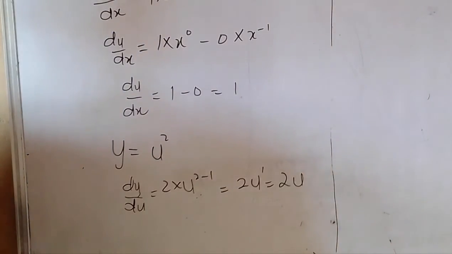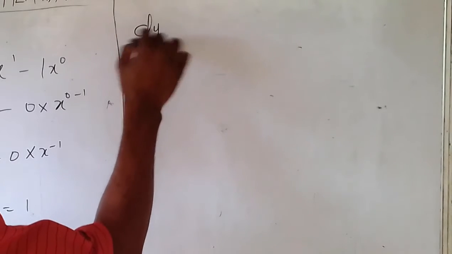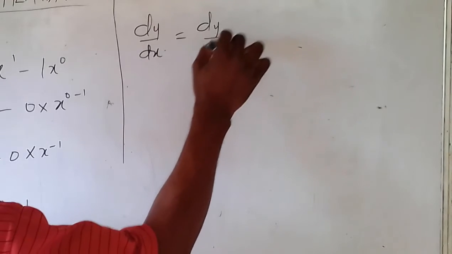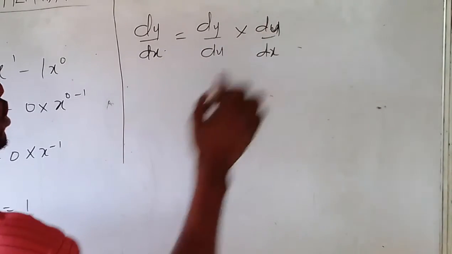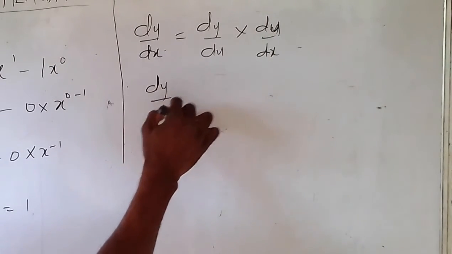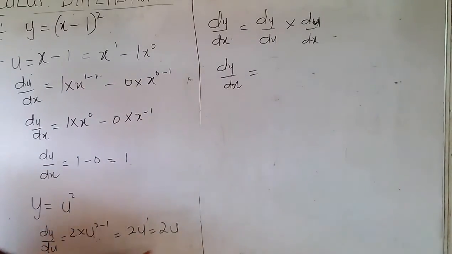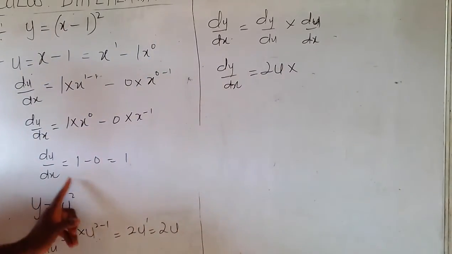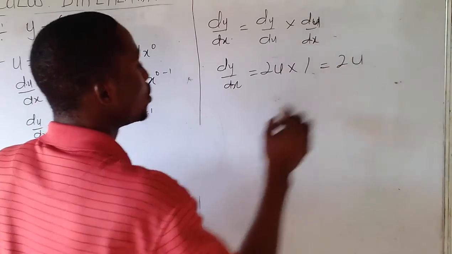Now from the formula, the formula for the function of a function or chain rule is dy/dx equals dy/du times du/dx. So dy/dx is equal to dy/du here, which is 2u, times du/dx here, which is 1, which becomes 2u.